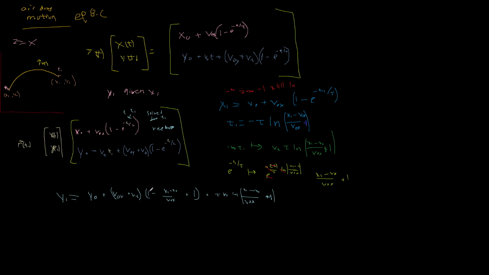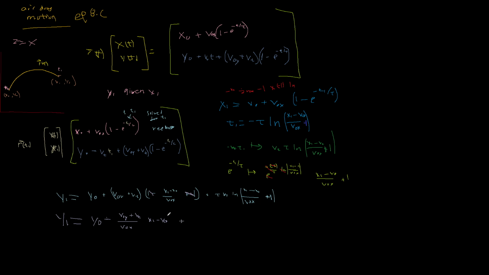And so obviously these terms cancel out, and we end up with y1 is equal to y naught plus v0y plus our terminal velocity over v0x times x1 minus x naught. And actually this is subtracted. My bad.